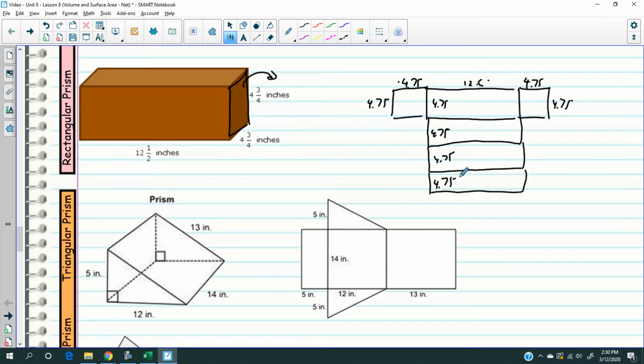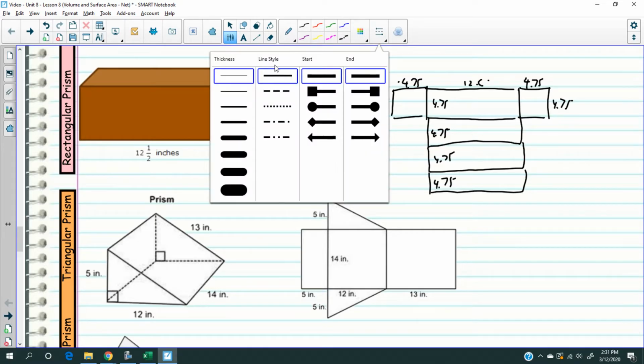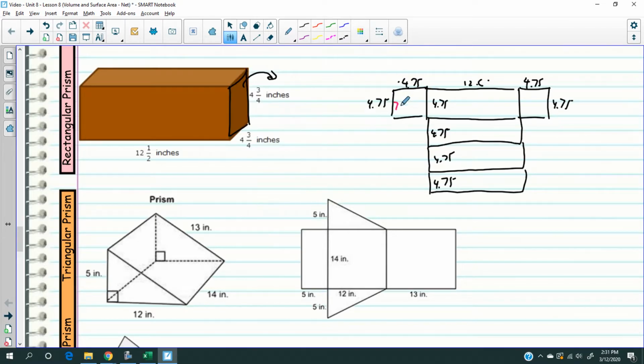So real quick, 4.75 times 4.75, what is that? Oh, wow, okay, that's fine. Again, let's use pink. So this is 22.5625. So I know that this is the same.